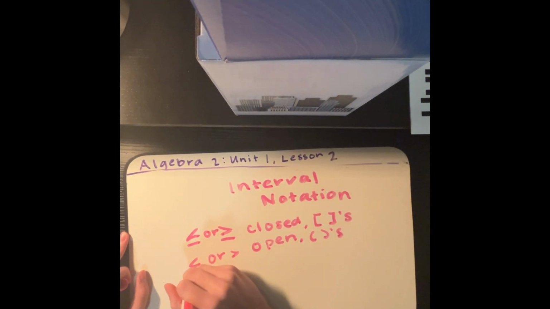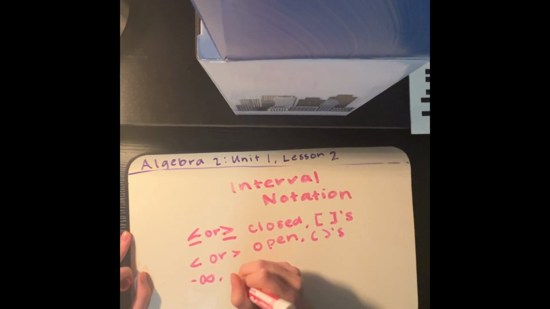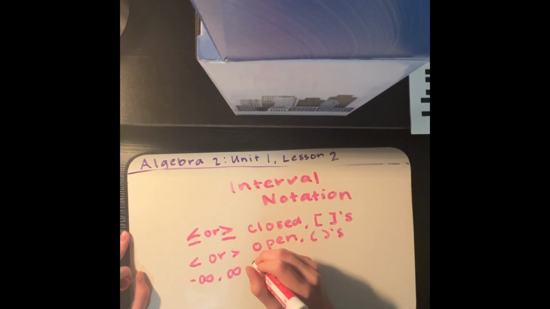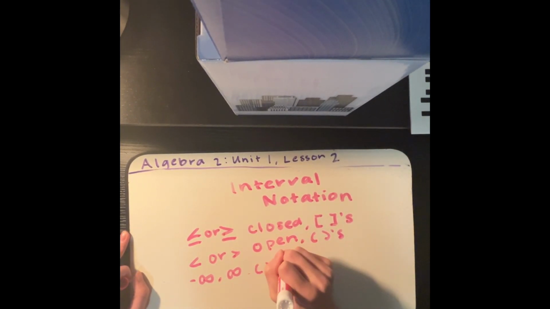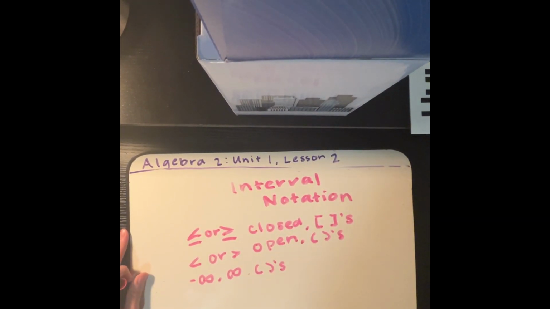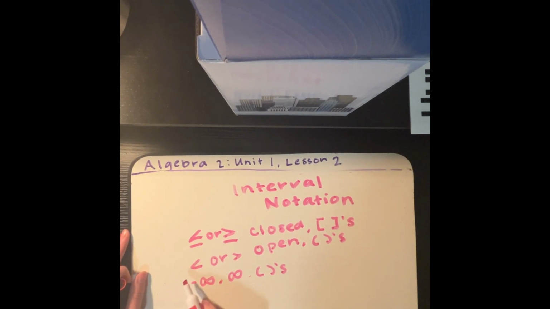The last thing is whenever you have infinity or negative infinity, you're going to have parentheses. So whenever you have less than or greater than, or negative infinity or infinity, you're always going to have parentheses when representing that.